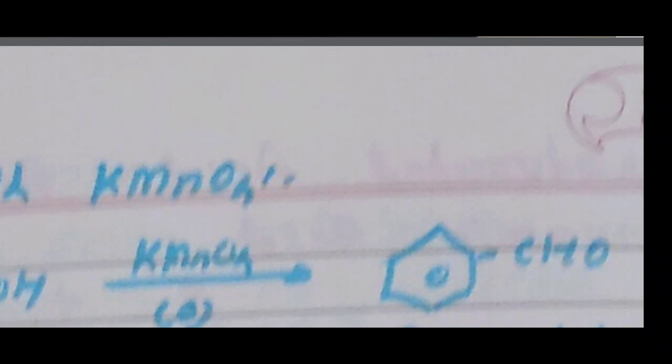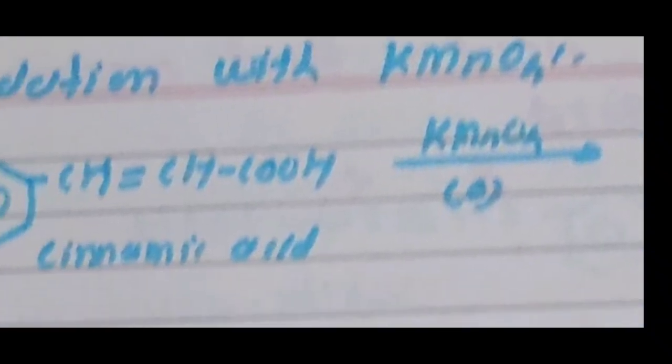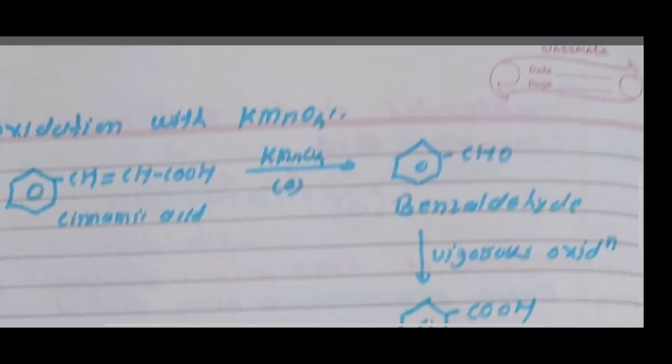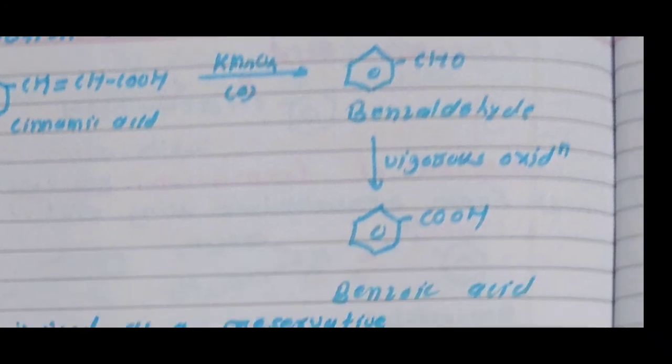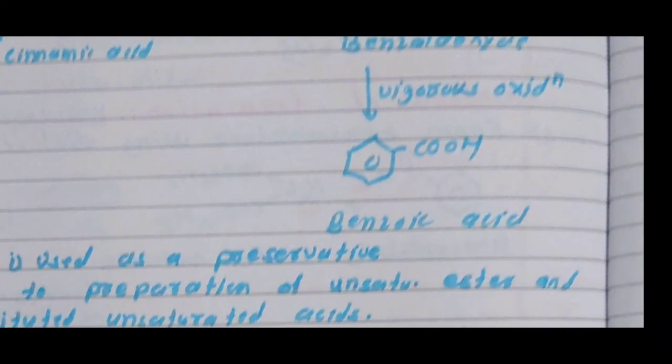Then I am showing the next oxidation reaction using KMnO4. Cinnamic acid in the presence of KMnO4 undergoes oxidation, forming benzaldehyde, a benzene ring attached to a CHO group. Then this benzaldehyde undergoes further vigorous oxidation, forming benzoic acid.